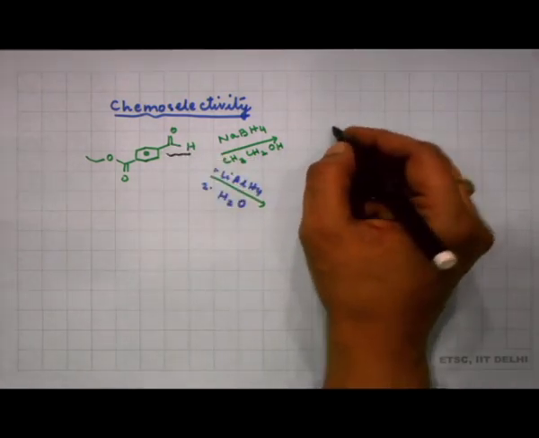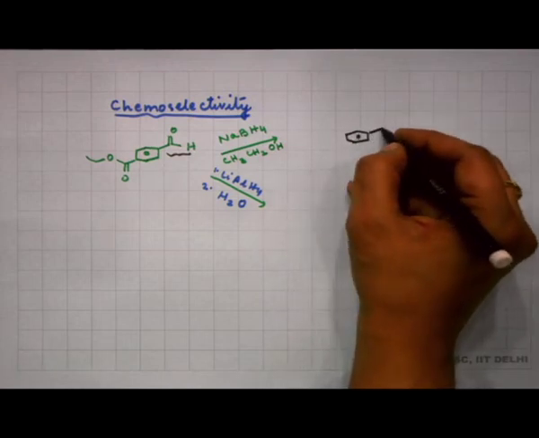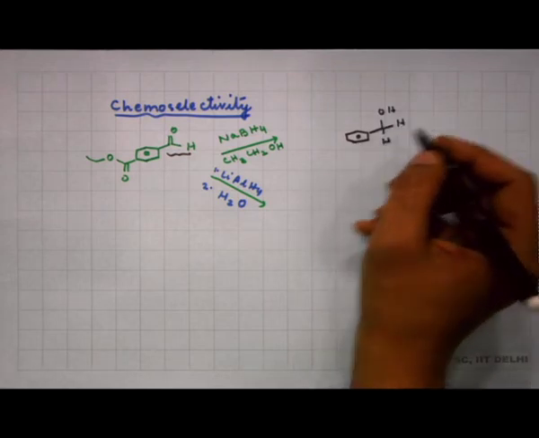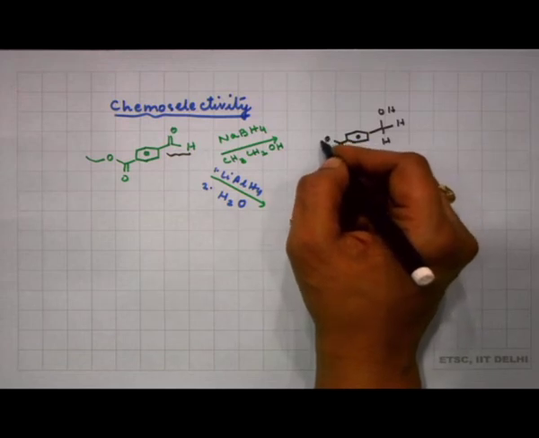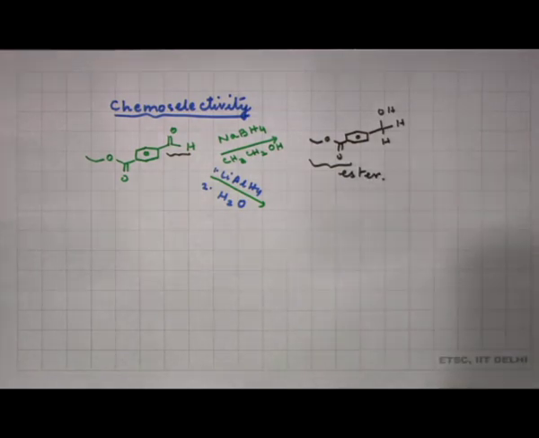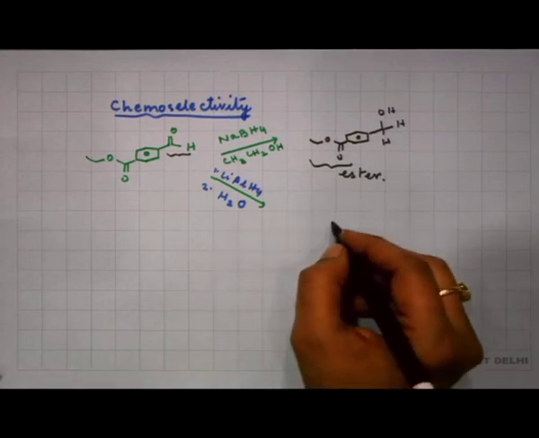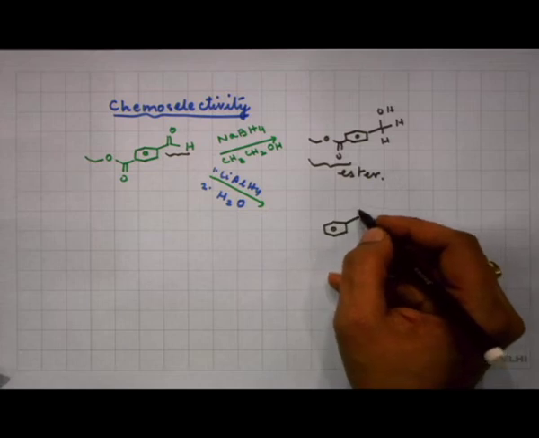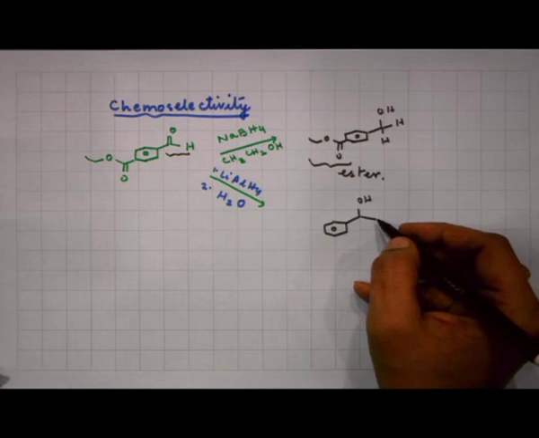So, what we get when we take sodium borohydride is the corresponding alcohol by the reduction of the aldehydic carbonyl, but the ester functionality remains untouched. So, this ester is untouched, it still is there in the molecule, but when we do the reduction with lithium aluminum hydride, since it is a very strong reducing agent, we cannot control the reduction up till this step.